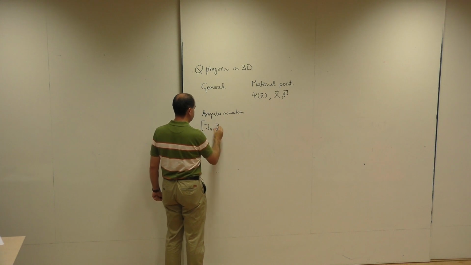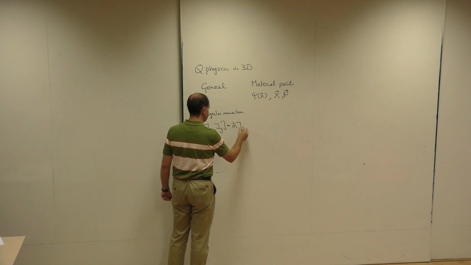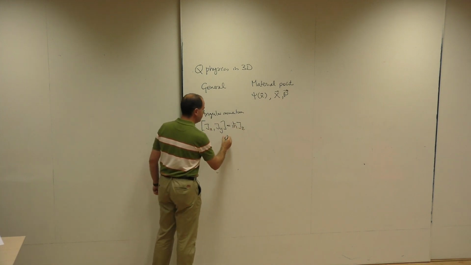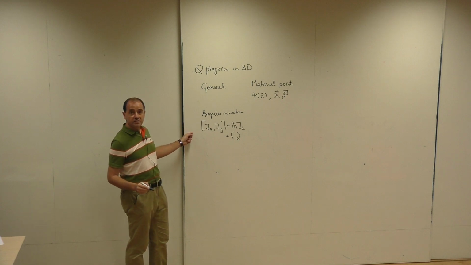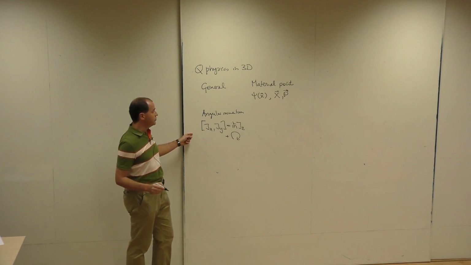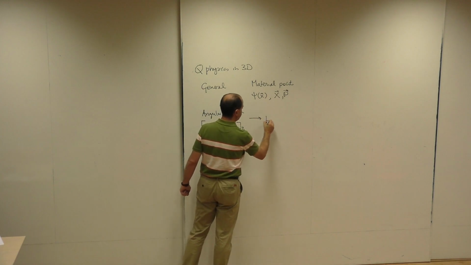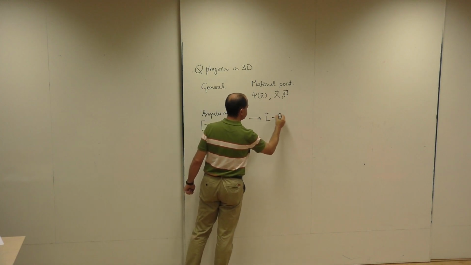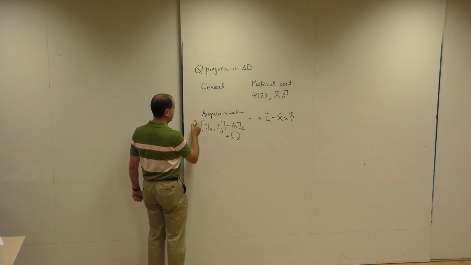And I remind you that angular momentum is defined by these commutation relations plus the cyclic permutations. Then we specified angular momentum for the material point with L equal x cross p. Before that, we specified the angular momentum for the spin half. It was a special case.